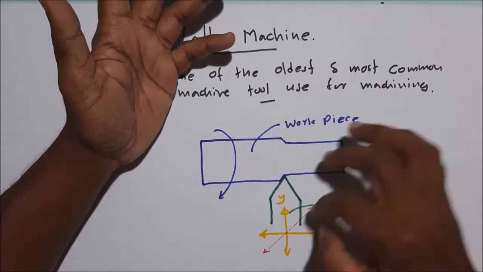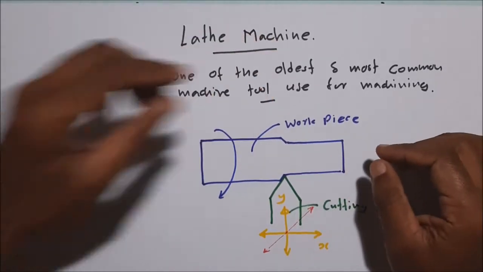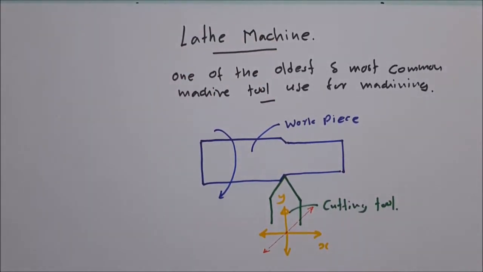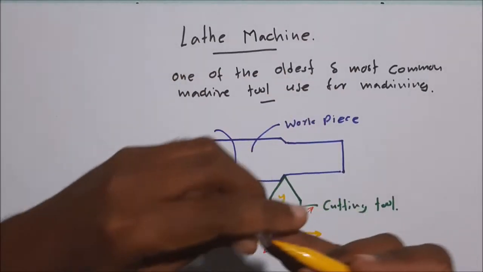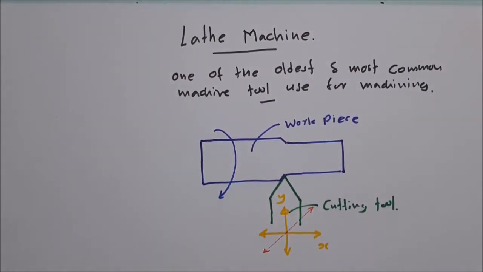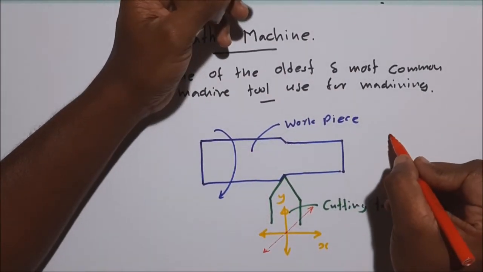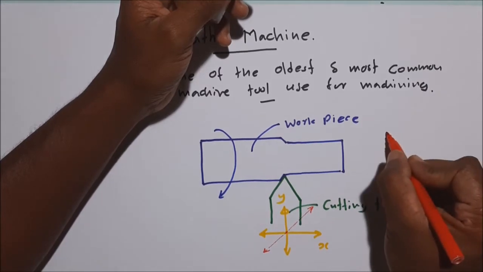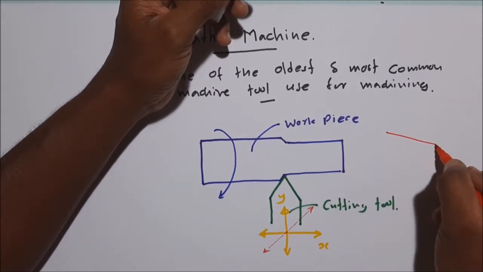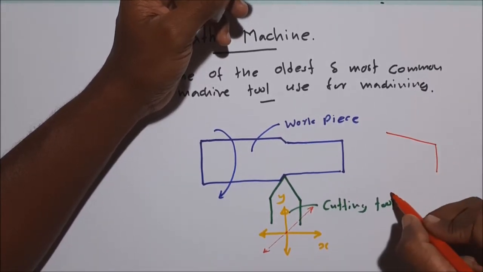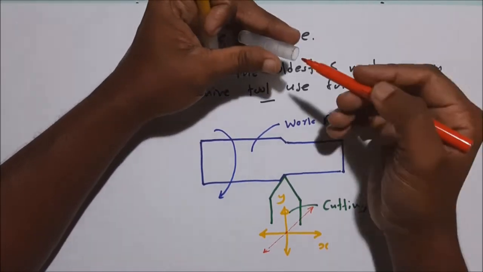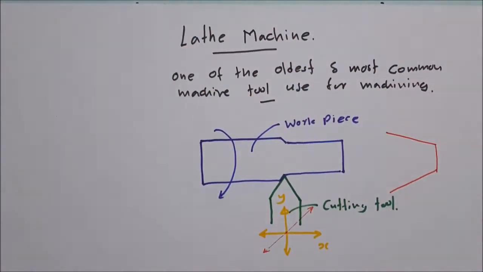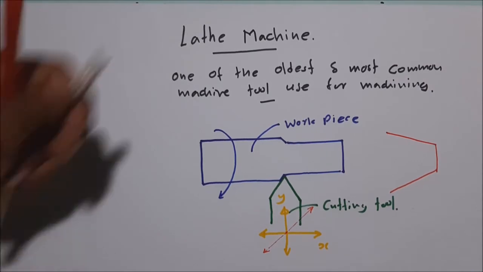If we move the tool in an inclined direction, we can generate a conical shape. Let's take the cutting tool.